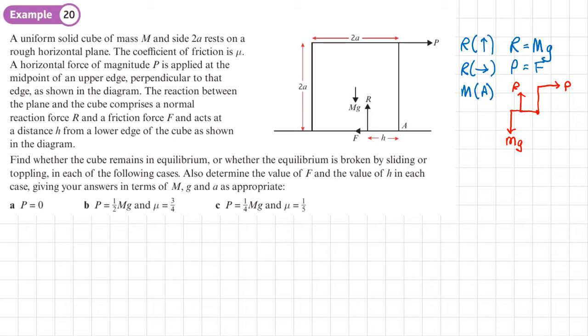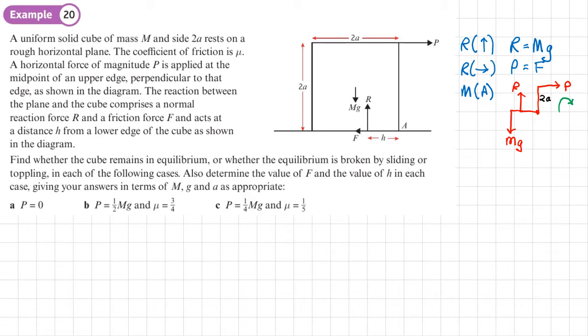And then lastly we're going to take moments about point A, so about this point here. I've got my little moments diagram here. So we're going to have this distance up to force P, and this distance here is going to be 2a, so I'll just put that on, and that is going to be a clockwise moment.